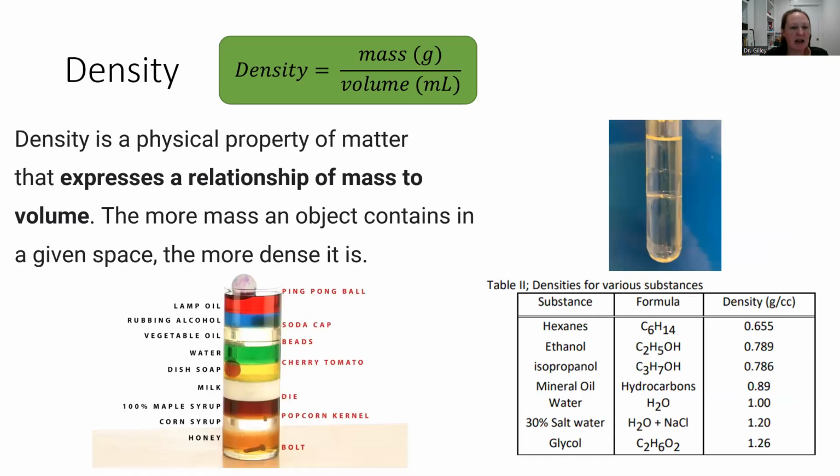Okay, so again, density is a physical property, right, expressing the relationship of the mass of an object to its volume. And you can see here that this is another example of a much more complicated density tower than the one that we are making in this experiment. But you can see they have a number of liquids and even solid items, such as a cherry tomato or a bolt, right?